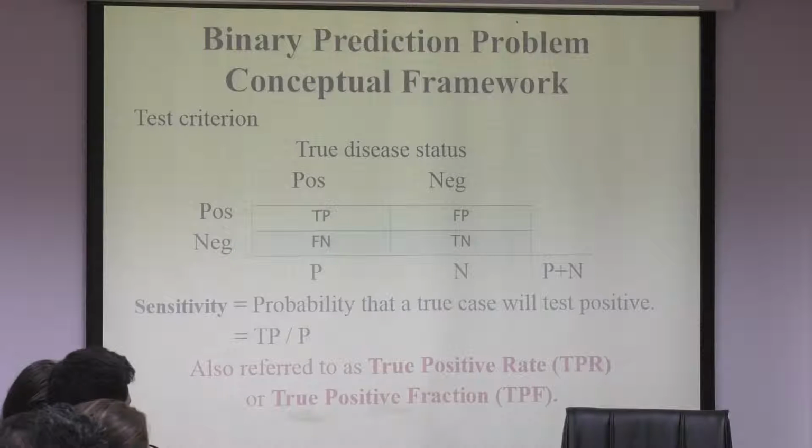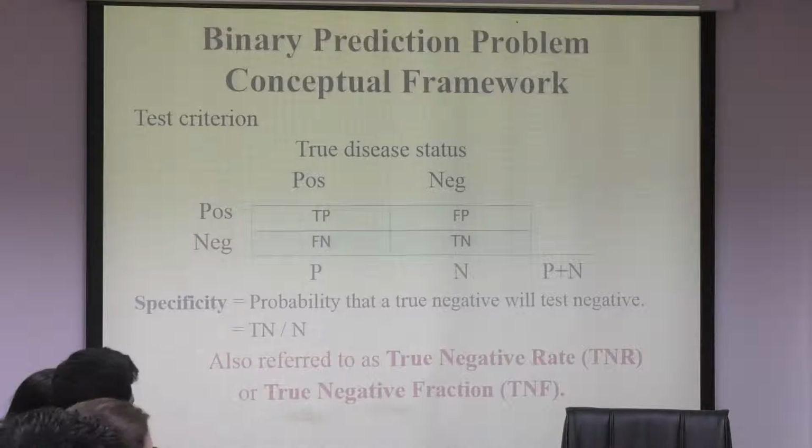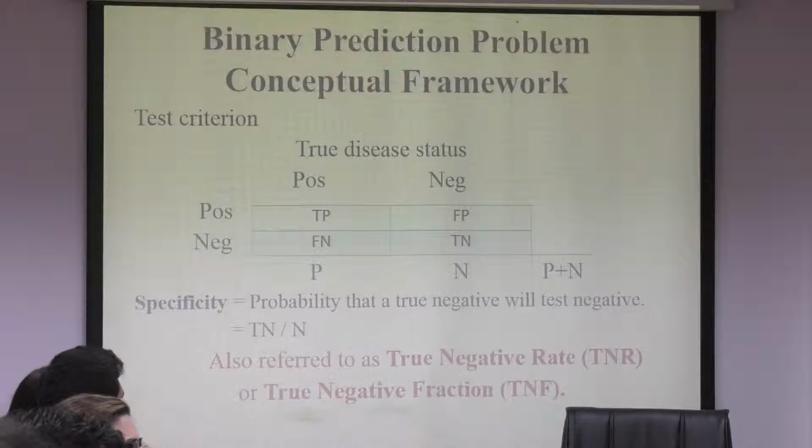Now, the other thing is focusing on the true negative. So I'm separating the accuracy into two, the true positives and the true negatives. Now, if I'm looking at the true negatives, it's among whom? It's among those who do not have the disease. So if a person does not have the disease, what is the probability that they will test negative?